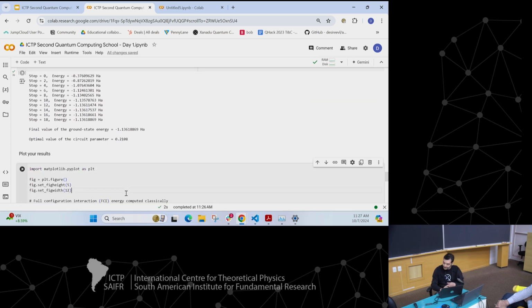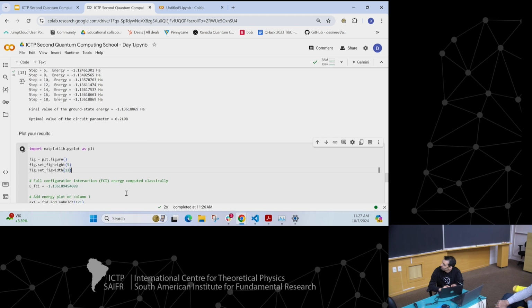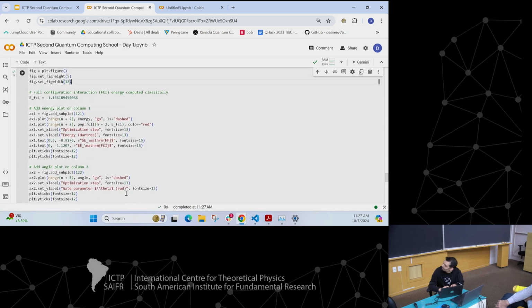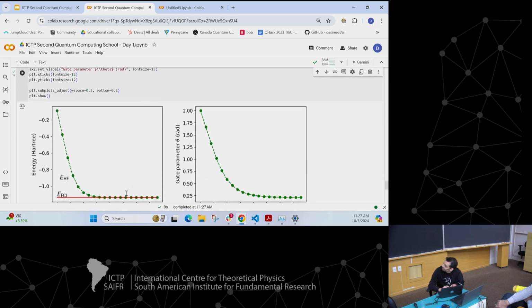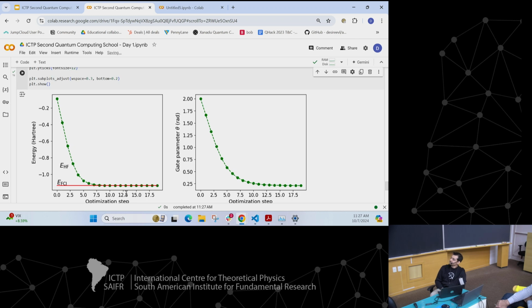And then the last step, I've already written it out for you, but if you follow along, you should be able to generate a graph that looks something like this. The green dashed line is the estimate from our VQE algorithm. The red line here is the true ground state energy, considering what's known as the full configuration interaction.